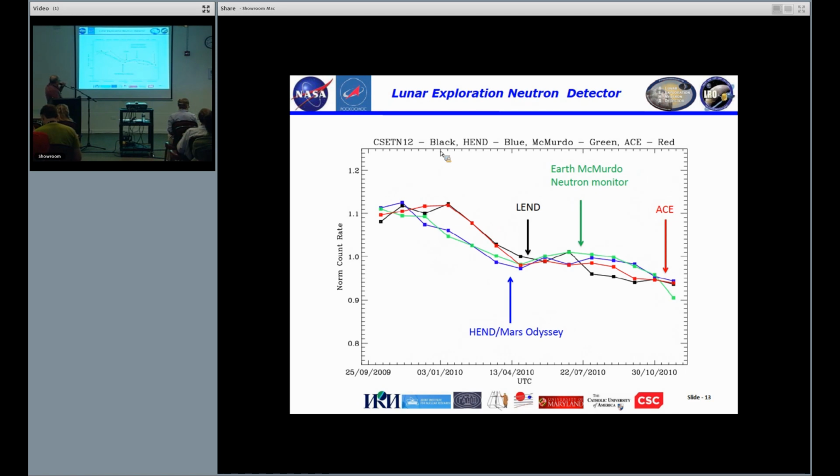When it comes to the Martian data and the data from McMurdo station, of course they peak at somewhere around 09, but then they drop much faster. So in a sense, the peak detected by LAND and by AC is much more extended.